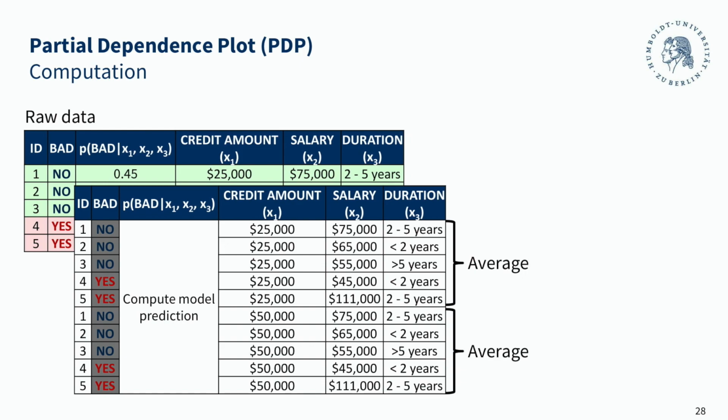So this is how my data set looks, and then I effectively average over all the other features. And study now, okay, what would happen if my customer has credit amount equal to 25,000 over all the other features I average.